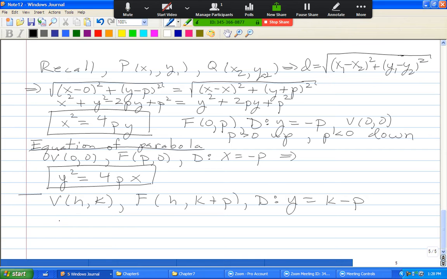Then the equation of your parabola is x minus h quantity squared equals 4p times y minus k.